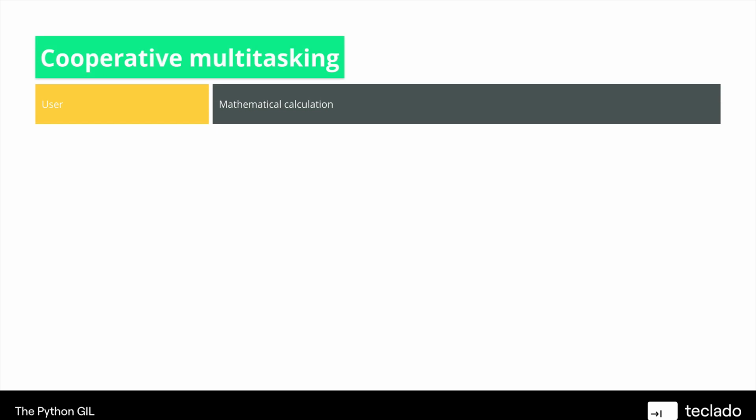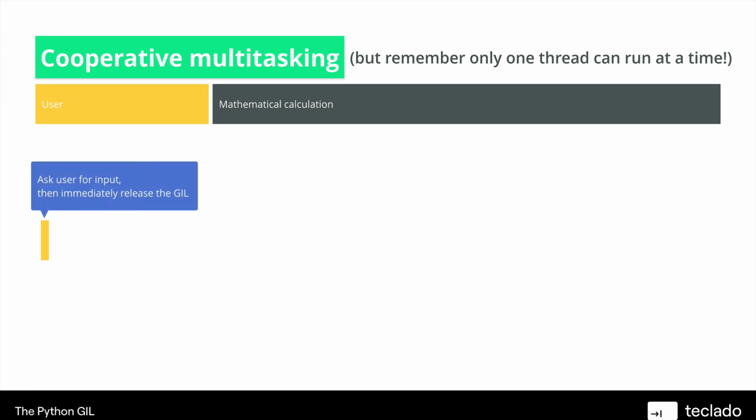So we can instead do cooperative multitasking. But you must remember that no matter what we do, we can only run one thing at a time. So here's what cooperative multitasking would look like in Python. This is one of the exciting bits about Python, by the way. First, you would run some of the user code where you would ask the user for input.